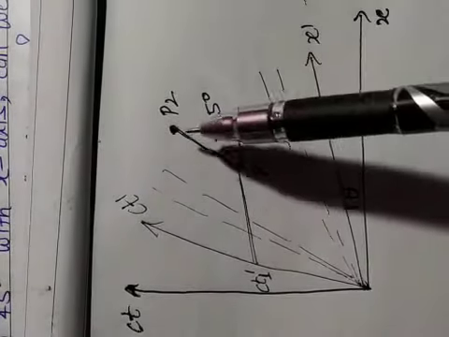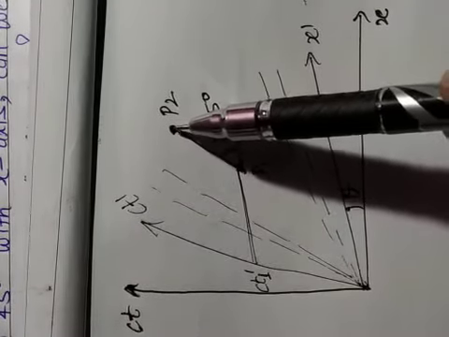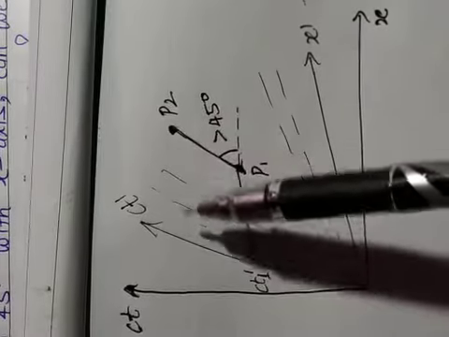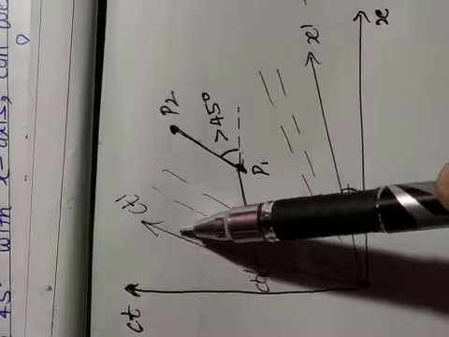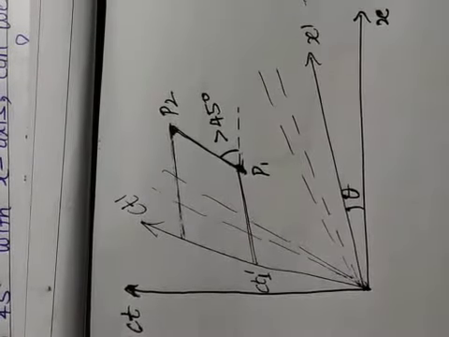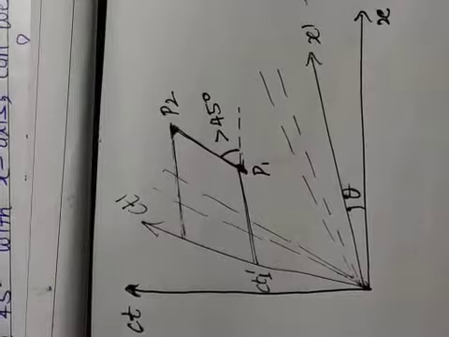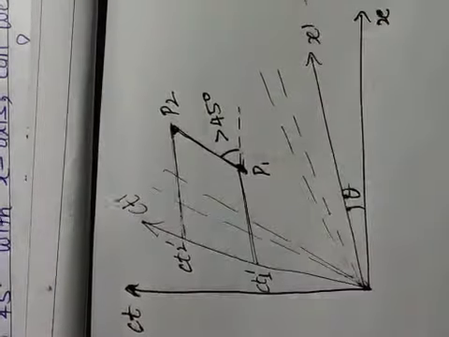And if I want to know the CT prime coordinate of the event occurring at point P2, then draw a line parallel to this x prime line, and you can find the coordinate of CT2. This is my CT2 prime coordinate.